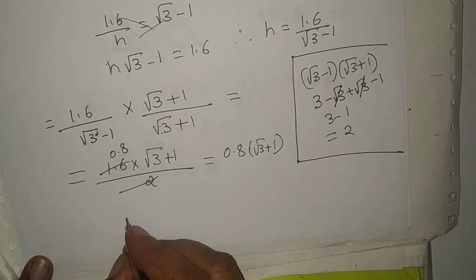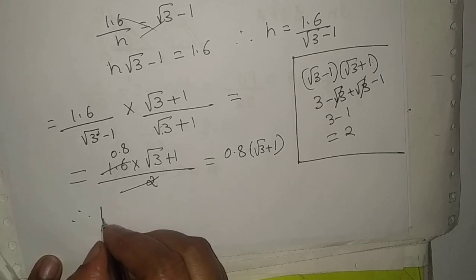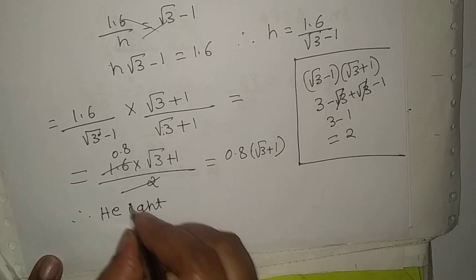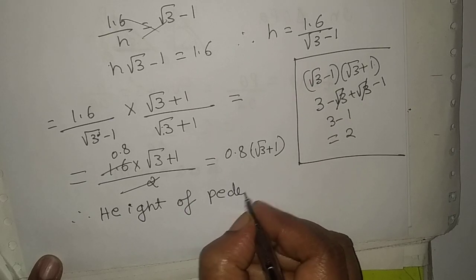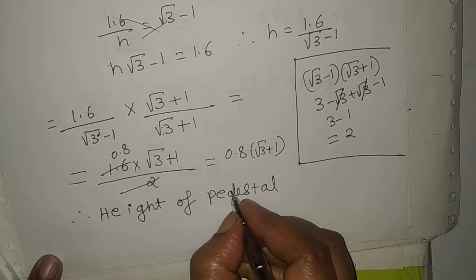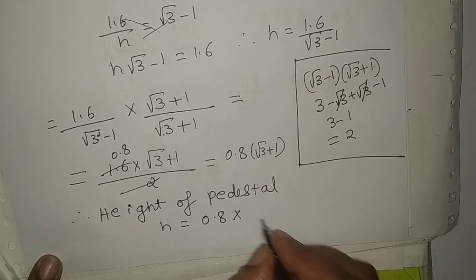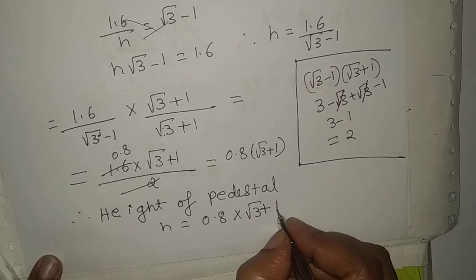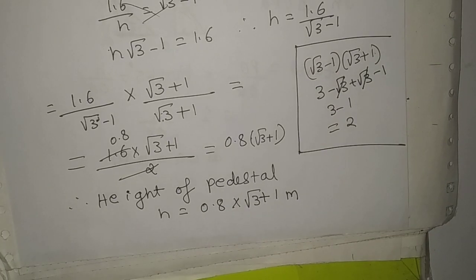So finally, what we are getting as the answer? Therefore, the height of the pedestal H is equal to 0.8 into root 3 plus 1 meters. So this is the solution.